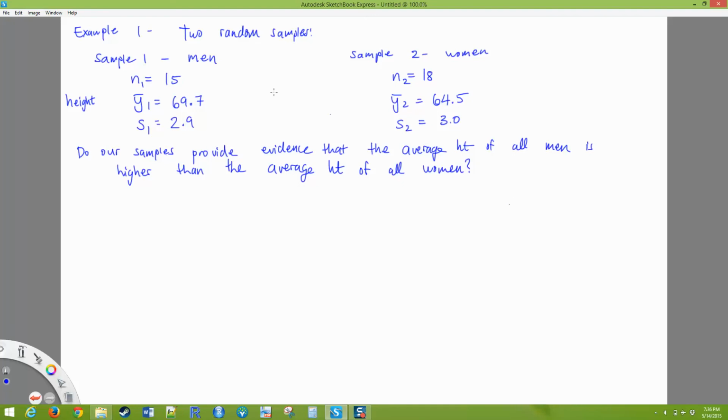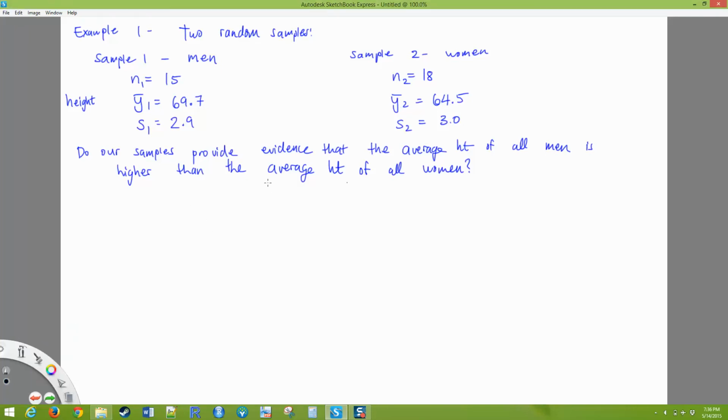Both of these samples are random samples. These are randomly selected men, 15 randomly selected men, 18 randomly selected women, and we want to know, do our samples provide evidence that the average height of all men is higher than the average height of all women?